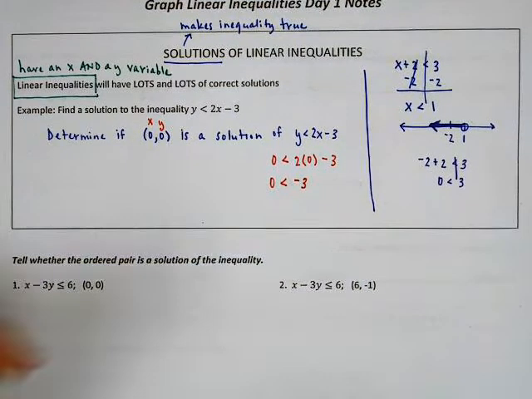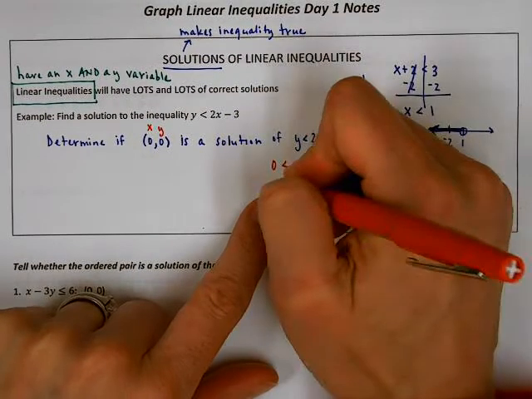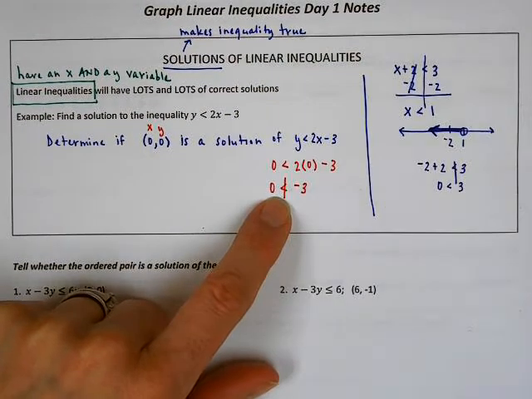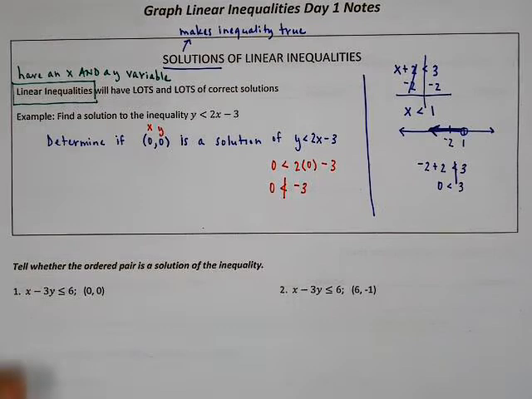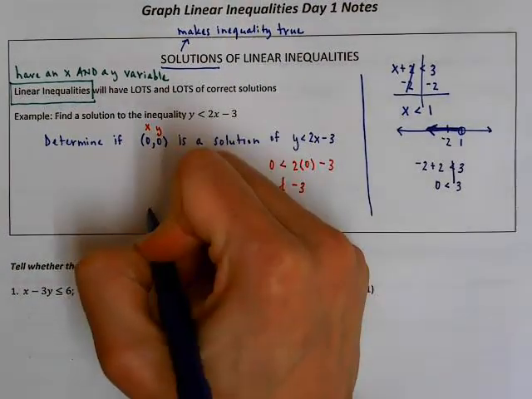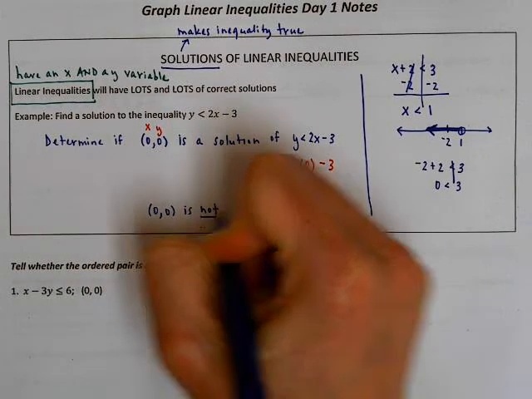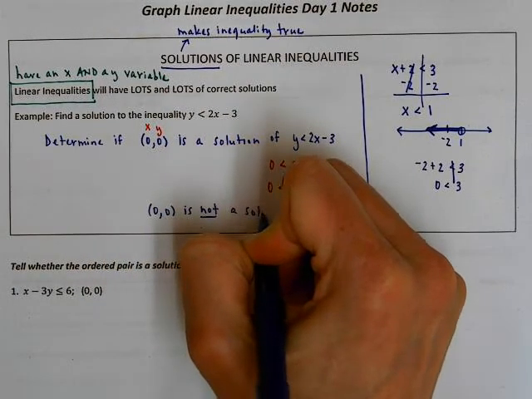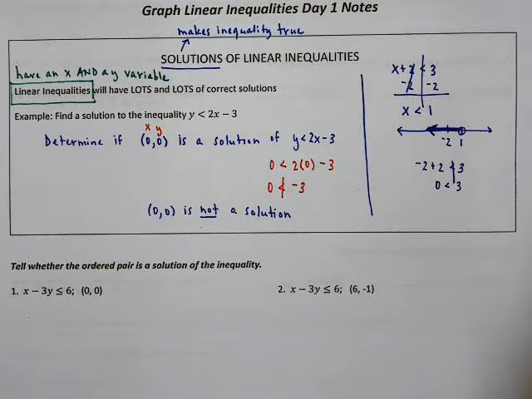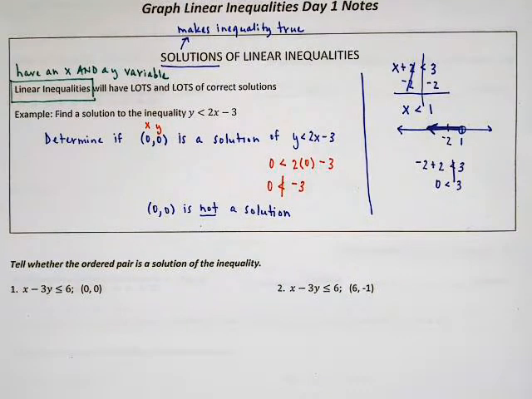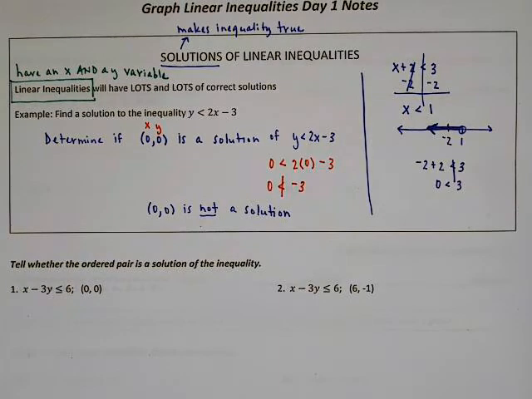Now, I know that 0 is not less than negative 3. So I would say that 0, 0 is not a solution of that inequality. There are lots and lots of solutions, but there are some points that are not solutions.